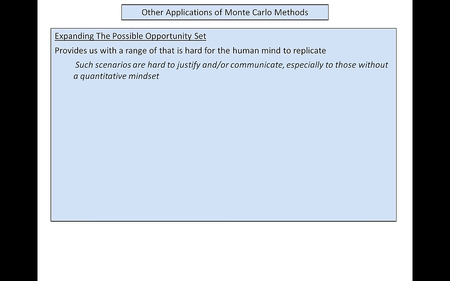However, the problem with these scenarios is that they're very hard to justify and communicate, and this is especially true for those without a quantitative mindset. When you go to a decision maker and tell them, here's 13 or 14 or 15 different parameters, and this is one realization of it, that person is going to look at it and say, well, that's ridiculous, that would never happen.